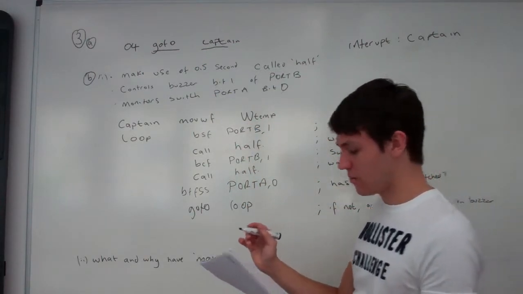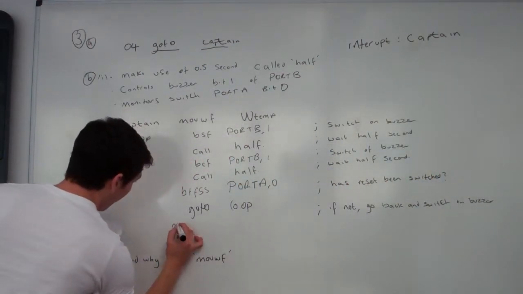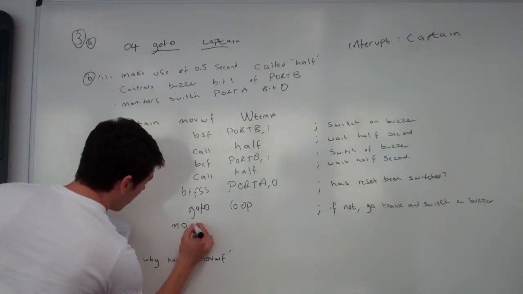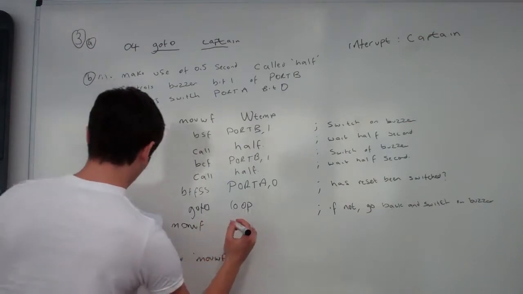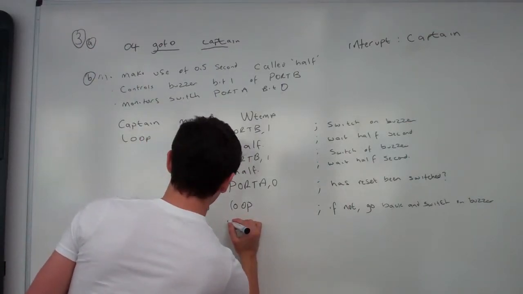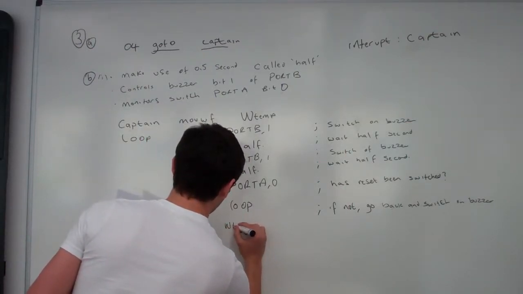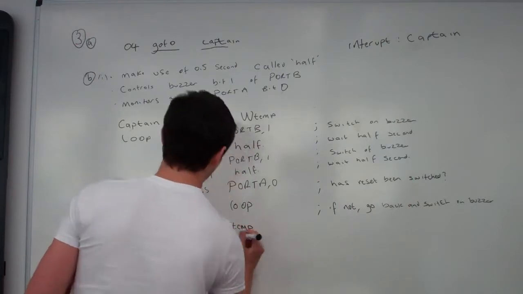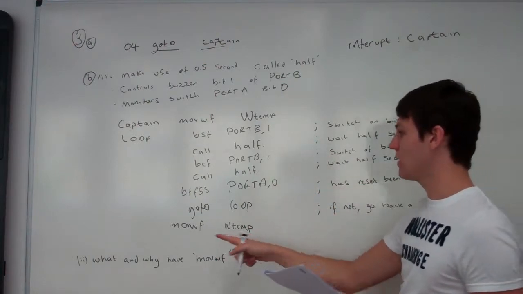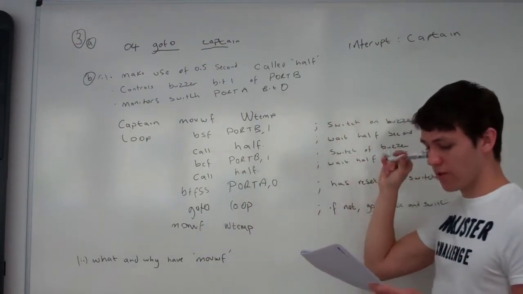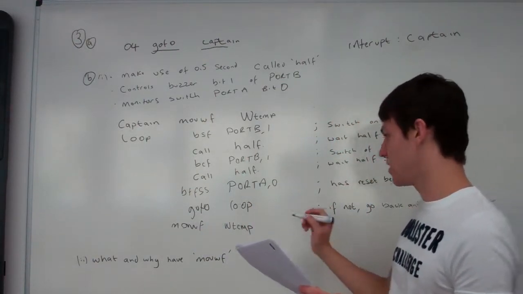So what we need to do is, we need to move the working file, work temp. So it starts off like this. We've got to come and get this back. So this is temporarily stored over here. We want to put that into the working register.